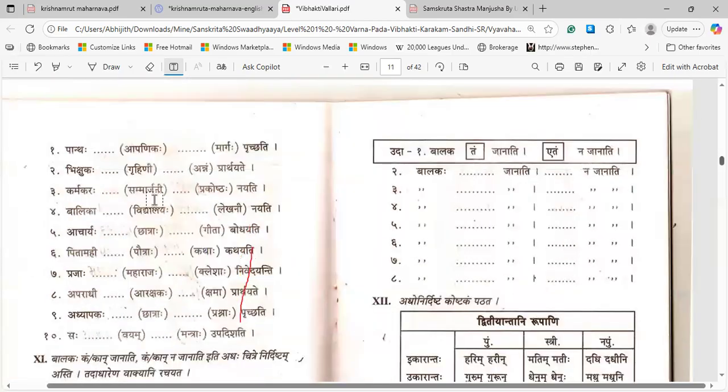In these sentences, two different words in Prathama Vibhakti are given. We have to convert them into Dvitiya Vibhakti and then give the complete sentence. That's all. We look at the meanings as we go. Yes, the first one.